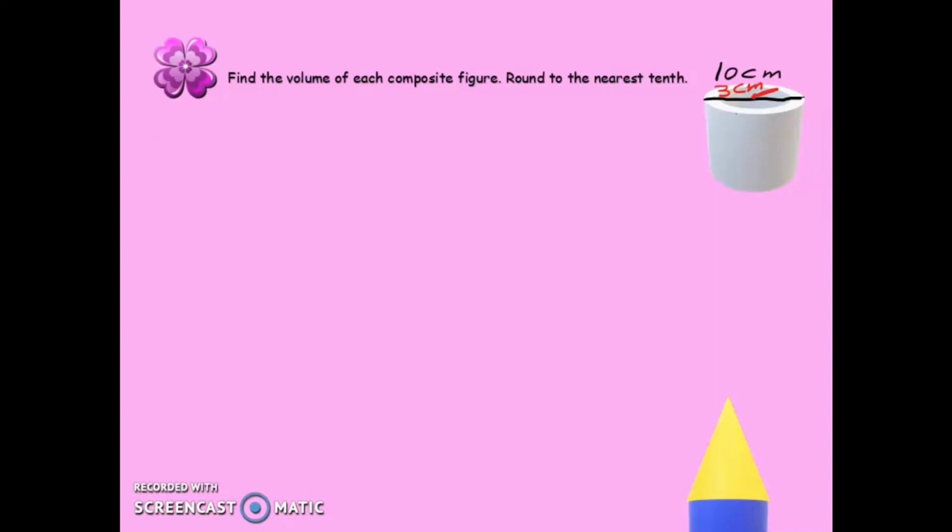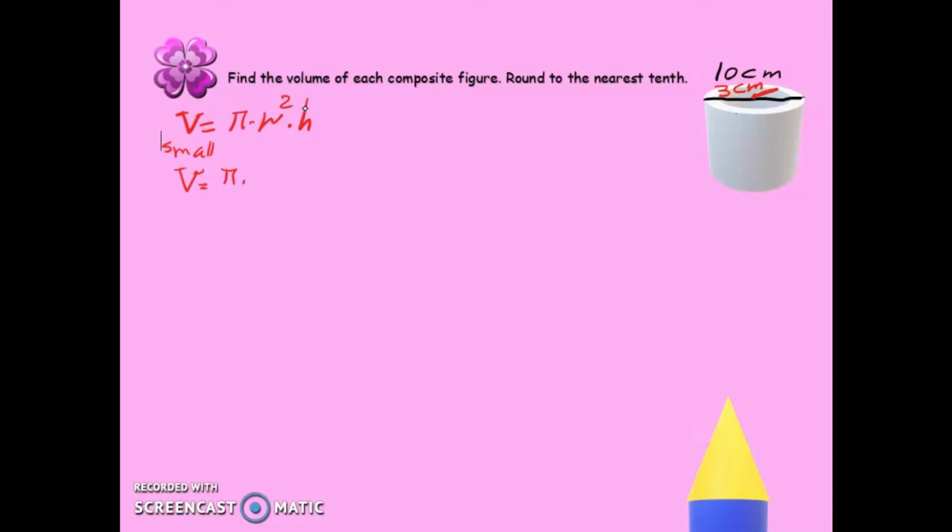Now we are going to first calculate the volume of the small one. The volume of a small cylinder is based on the formula pi times r squared times height. So let's substitute. Pi is pi.